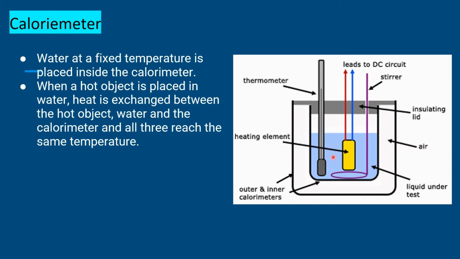So if the heating element has a greater amount of heat, it will flow to the water and it will flow to the calorimeter, and all three will reach the same temperature. Now as you know that the calorimeter is thermally isolated from the surroundings, so the total heat that is lost by the heating element is the total heat absorbed by the calorimeter and the water that is present inside it.